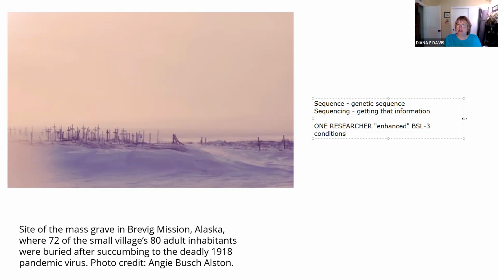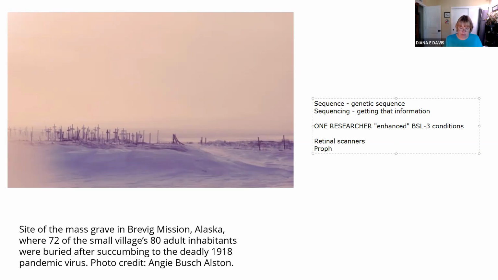So everything is done inside of a hood, which has special ventilation to try and prevent the virus from getting out, wearing the bunny suit and the gloves and the booties. He probably had a respirator to protect his face. So very strict safety precautions. There were retinal scanners to prevent anybody else from getting in.